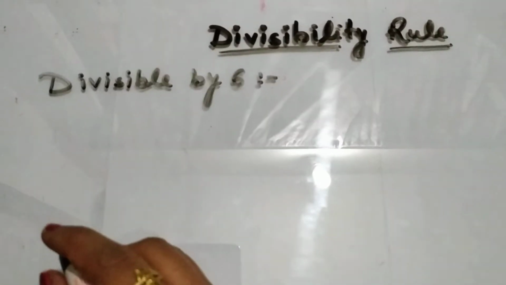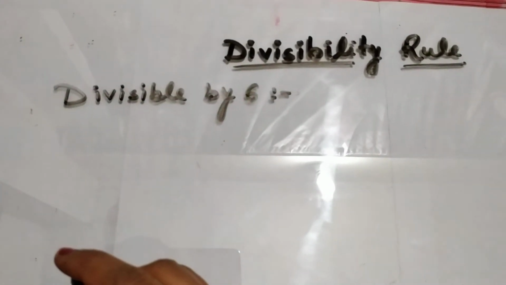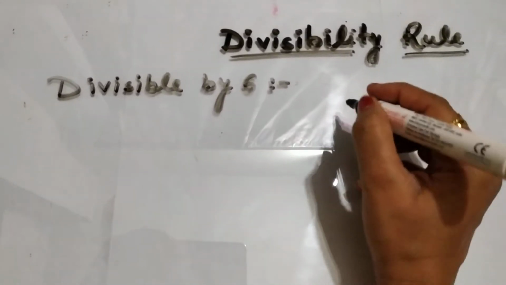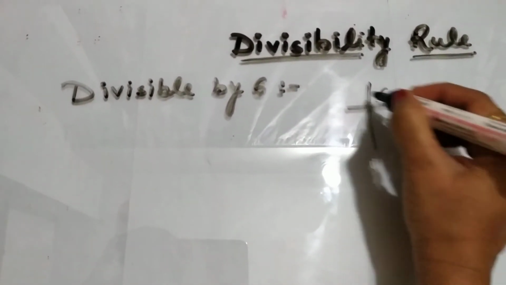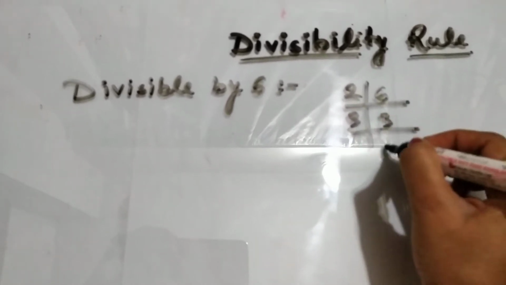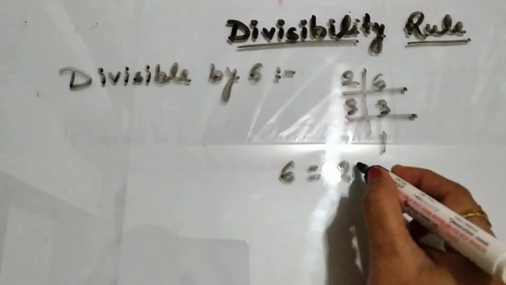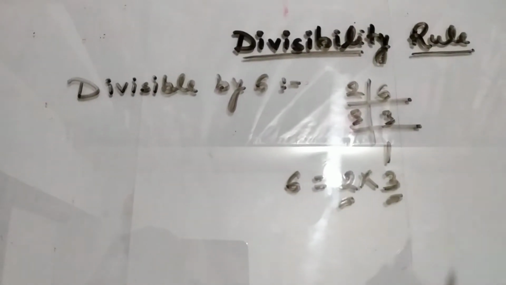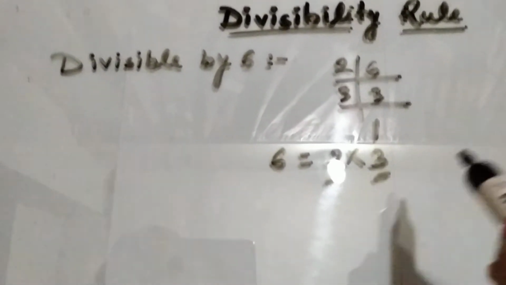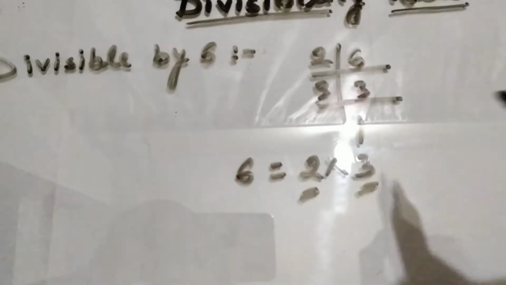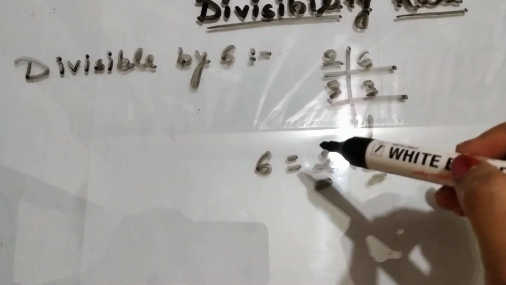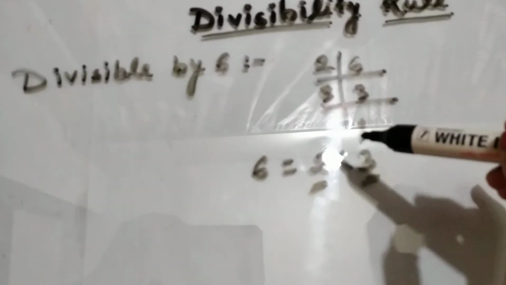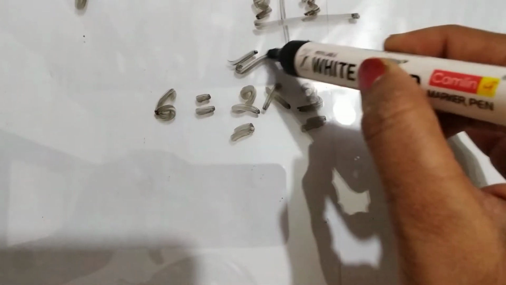Now, divisible by 6. The factorization of 6 is 2 times 3, that means we can write 6 equals 2 into 3 in prime factorization. If we are going to check the divisibility by 6, just check whether that number is divisible by both 2 and 3.